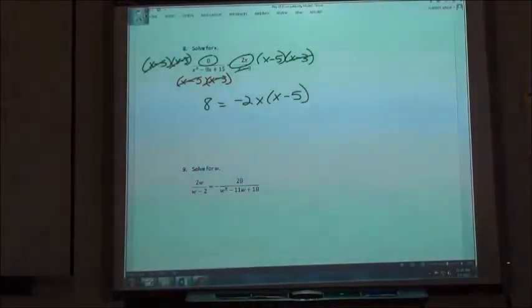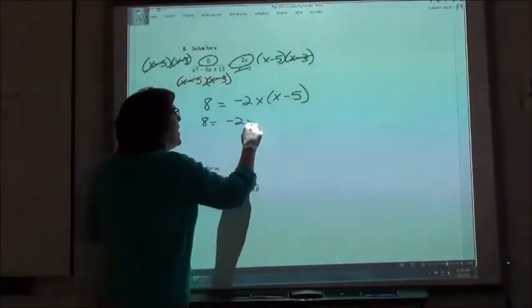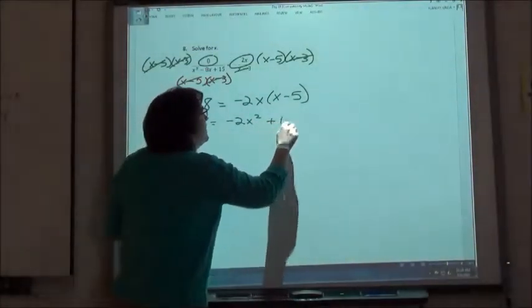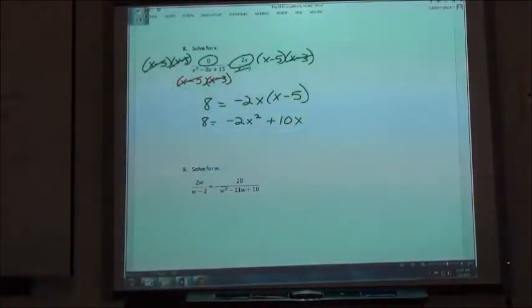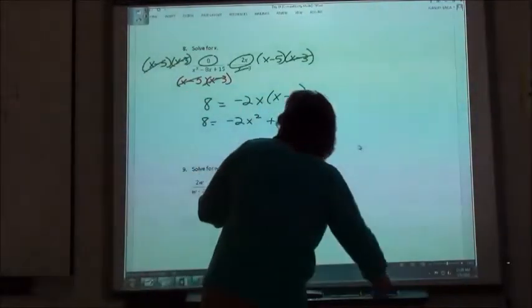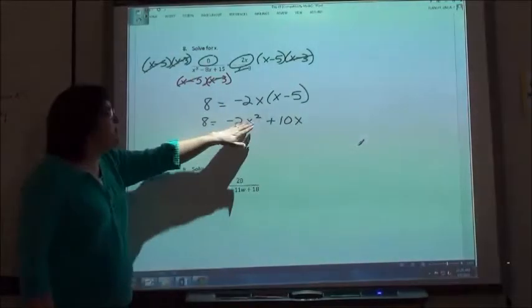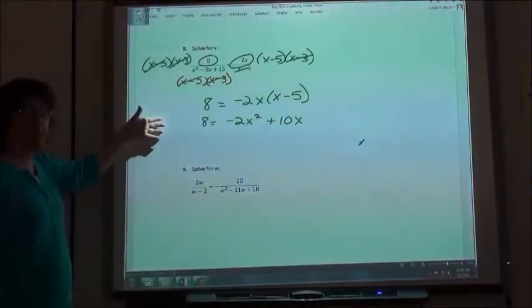I then have to get rid of my parentheses, so I'm going to go ahead and use my distributive property. 8 is equal to -2x squared plus 10x. Negative times a negative gives me a positive. Again, we're working with that quadratic expression. We need it set equal to 0. If you happen to notice that this is negative, you'll want to move these things over here to make it positive.